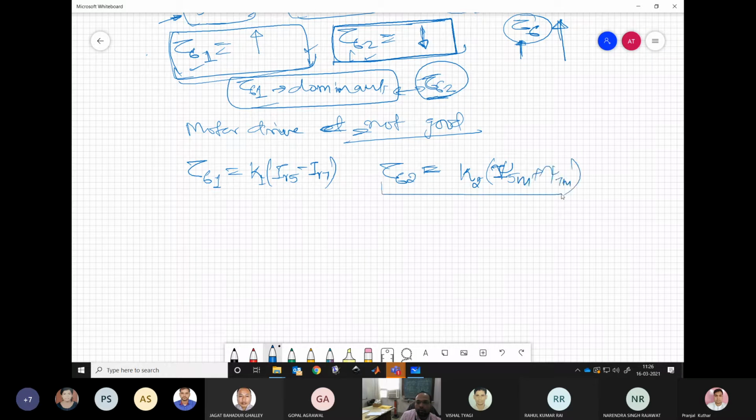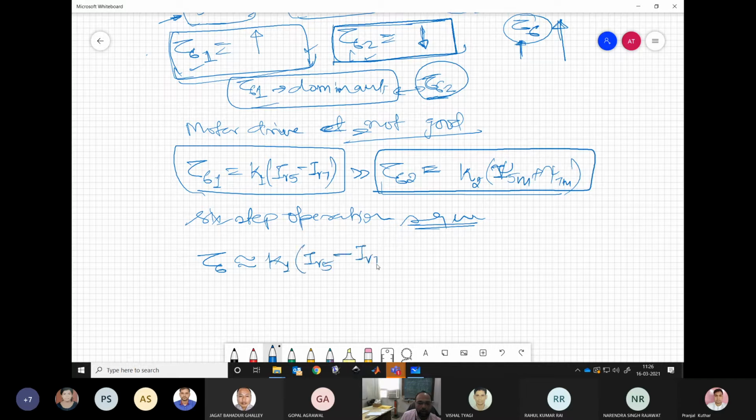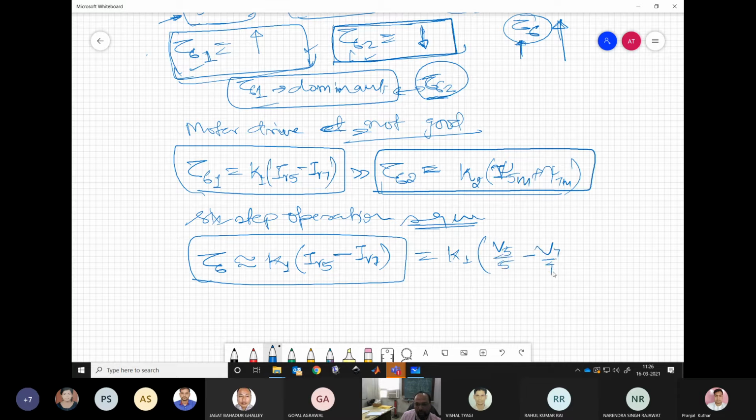What they suggested, and they did the analysis only for 6-step operation, which means the square wave mode, is that tau 61 is very large compared to tau 62. Which means tau 6 is very close to only this term, IR5 minus IR7, which you can approximately write as V5 by 5 minus V7 by 7.